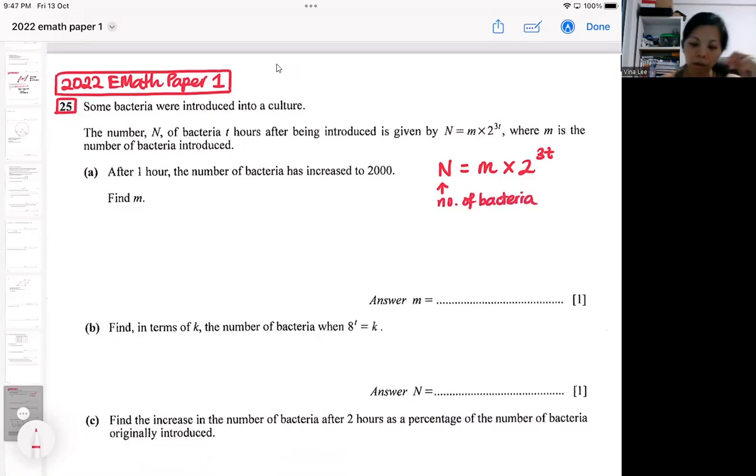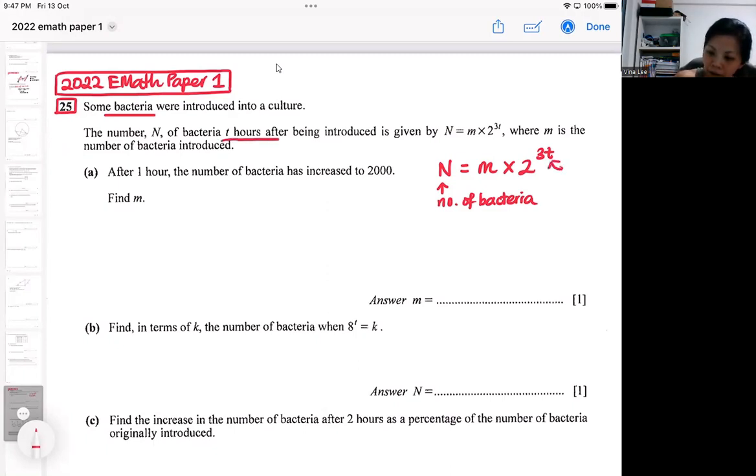Basically the idea is, they introduce bacteria into a culture. After the introduction, the bacteria will be expected to grow. That's why they are using this formula to calculate the number of bacteria after T hours.